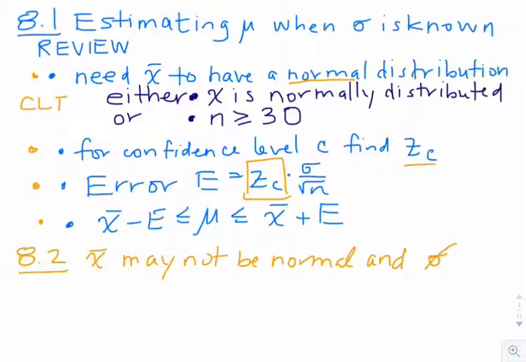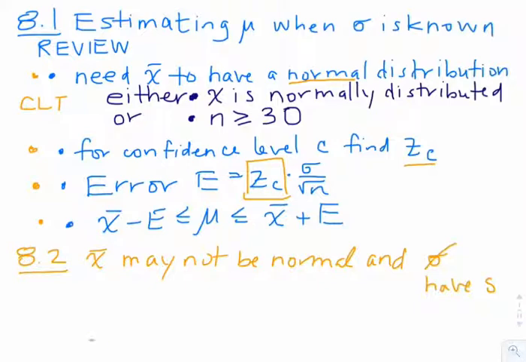We only know s. So we don't know sigma, our population standard deviation, but we do have the standard deviation of our sample. So instead of a normal distribution, we're going to be using a student's t distribution.